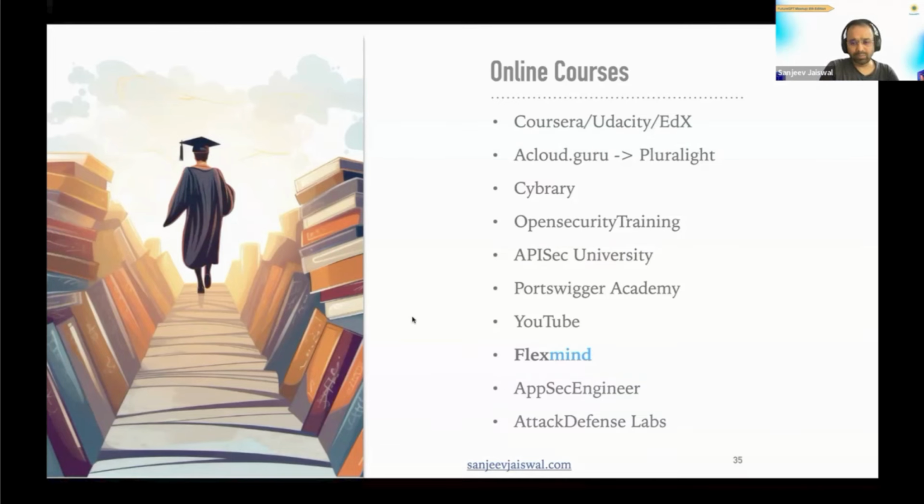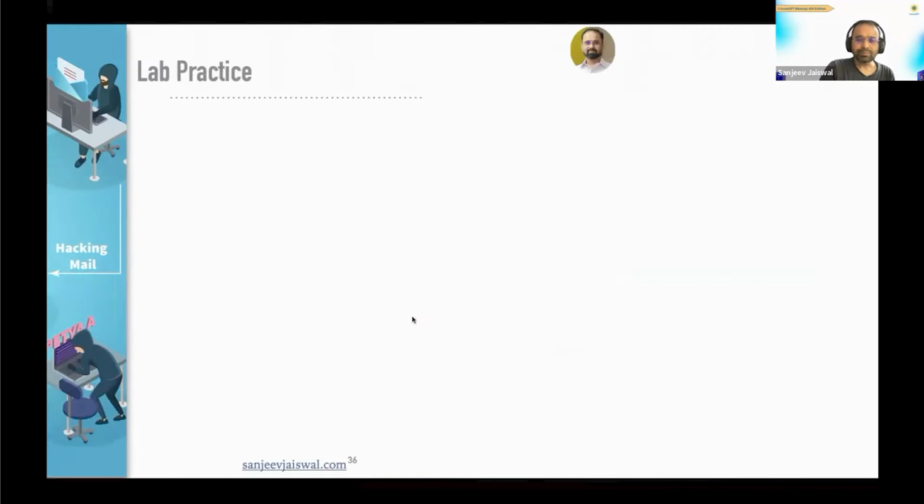Attack Defense Lab is by, I think, Vivek Ramachandran. It has lots of labs for everything, for containers, for your application. Let's say you want to know the different scenarios where you can attack JWT tokens. They have, I think, 10 to 12 scenarios just for JWT tokens. So they have scenario-based labs and also tutorials. You can go for any of these.